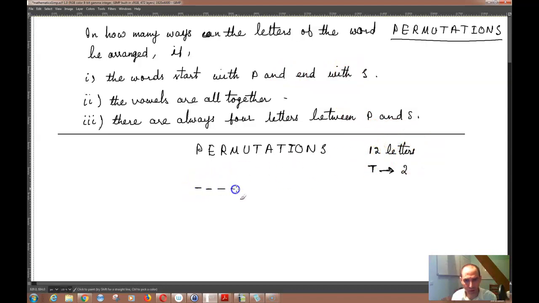These 12 letter words start with a P, so I fix a P over here, and they end with an S, so I fix an S over here.